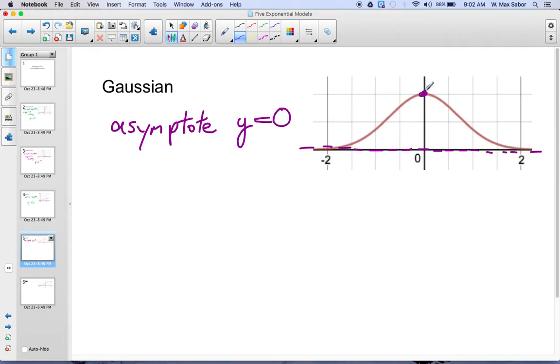And then this point is the other interesting part of the graph. It has a maximum value. So there's some maximum point, and this is used for essentially a bell curve. Sometimes we call a Gaussian curve a bell curve.